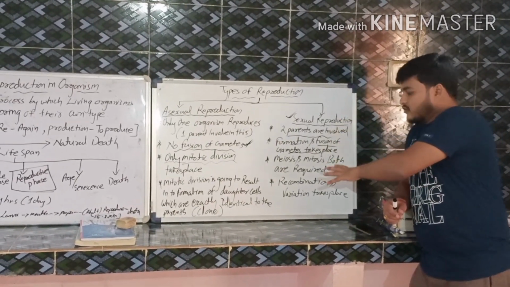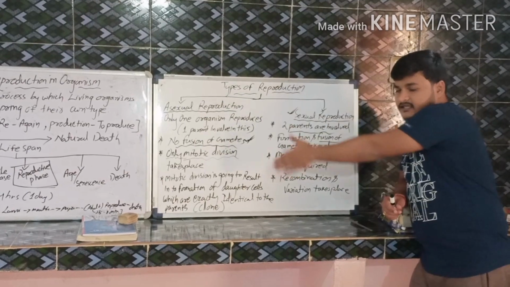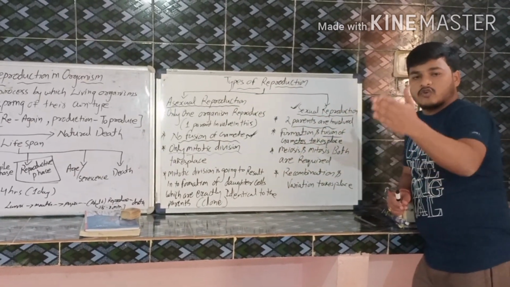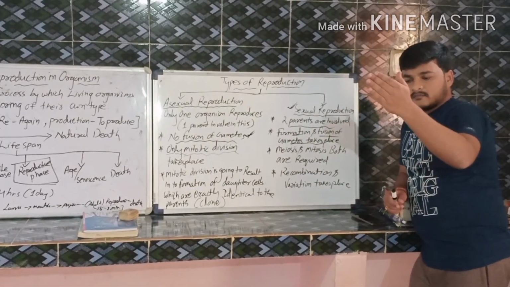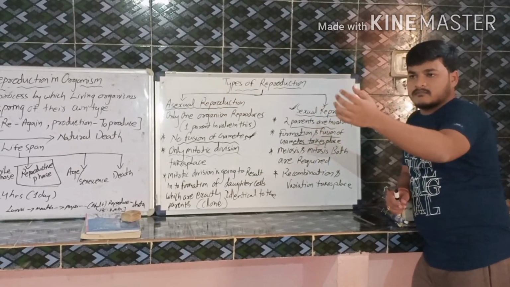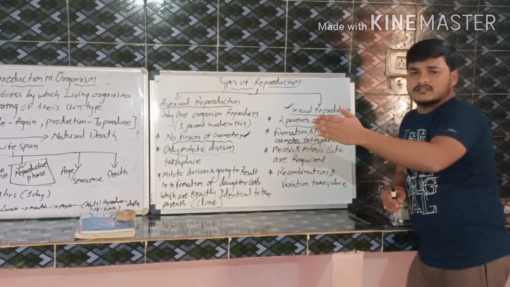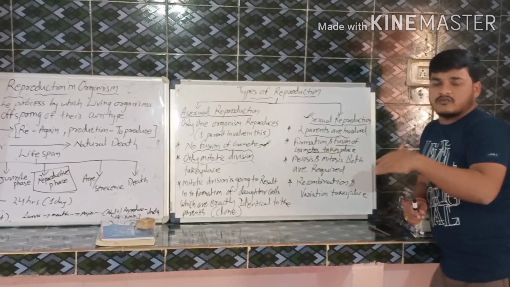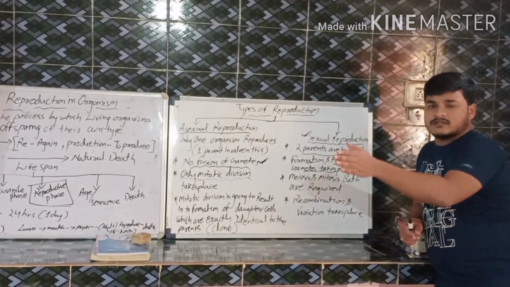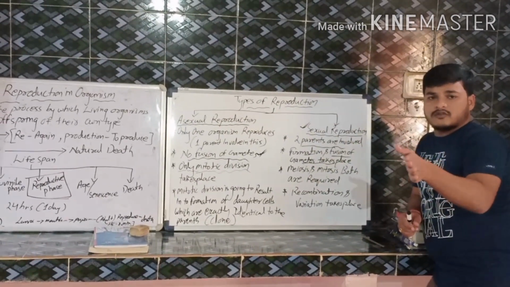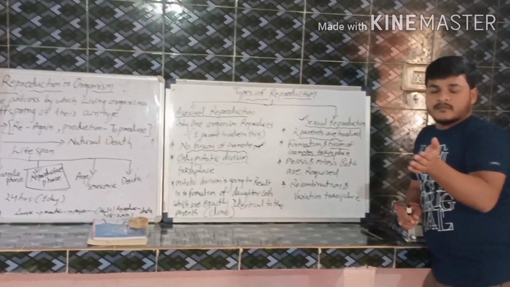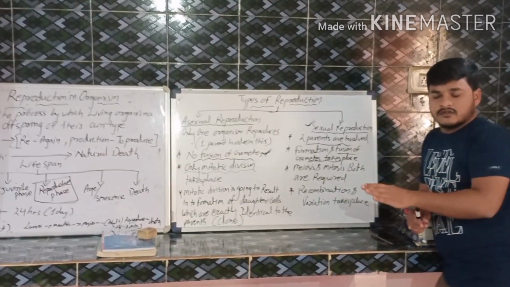So in asexual reproduction, clones are formed: an exact single copy of the organism is produced. This includes the formation of buds in budding, binary fission, multiple fission, and some other types of fission.